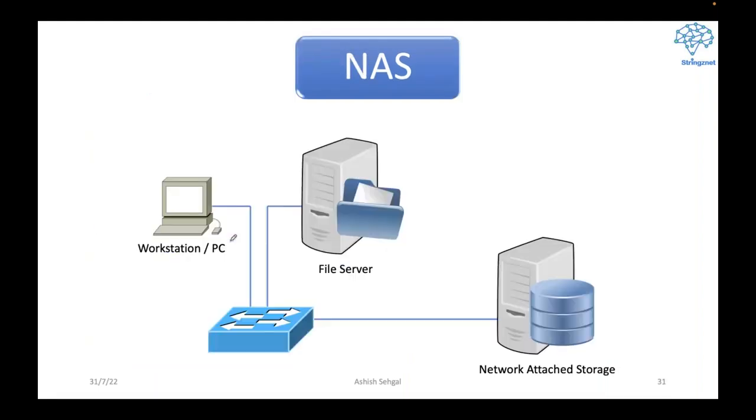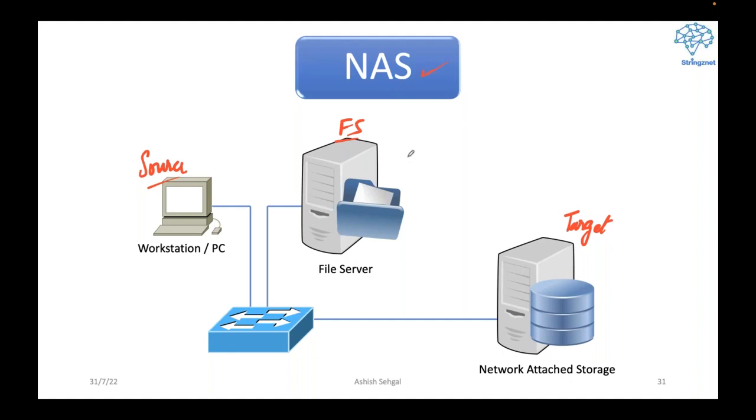Then comes the network attached storage, where we have all the devices, our source device, and our network attached storage, the target device, and our file server, all attached in the network.